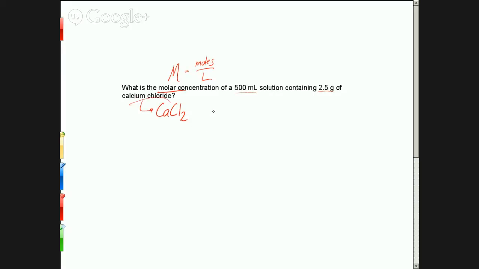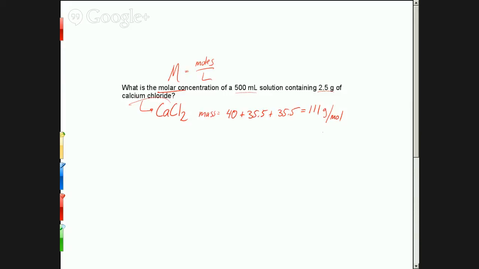All right, so we can come up with a molar mass of this. That's going to be 40 for calcium plus 35.5 for chlorine plus another 35.5 for another chlorine. That's 111. So that's 111 grams per each mole.